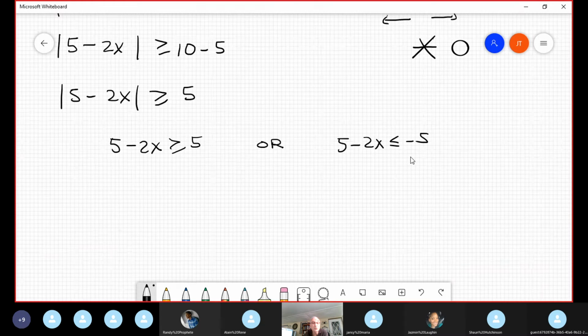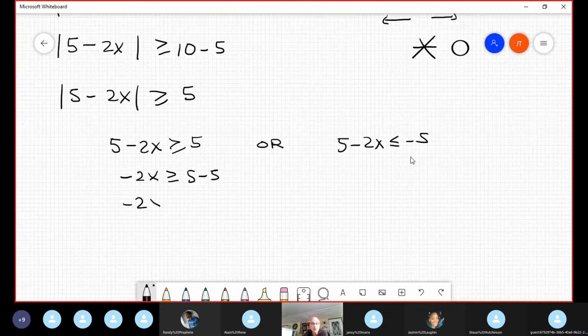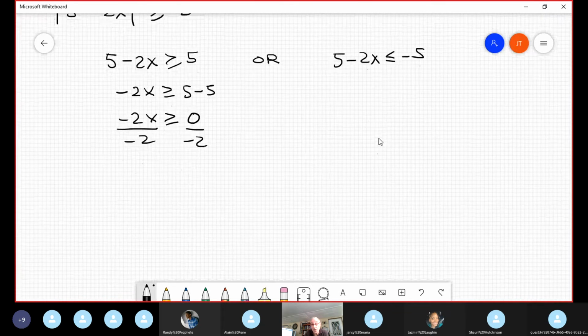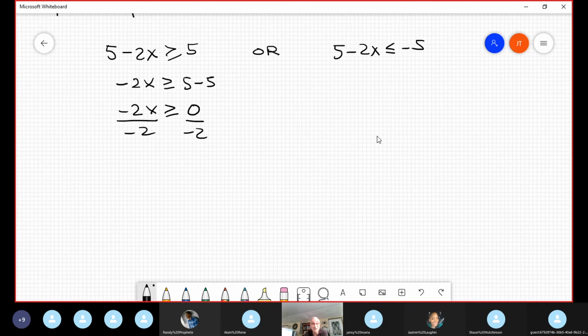Okay, let's do it. Minus 2x greater than or equal to 5 minus 5. Wow, 5 minus 5 is 0. Minus 2x greater than or equal to 0. Divided by negative 2. Negative 2 divided by negative 2 is 1, but you have to reverse the inequality sign. And 0 divided by negative 2 is obviously 0. 0 has no sign.